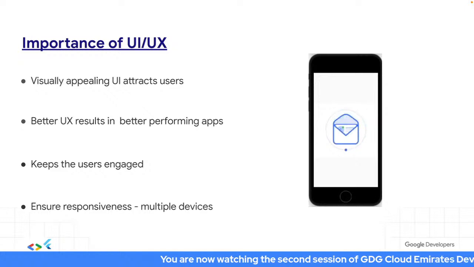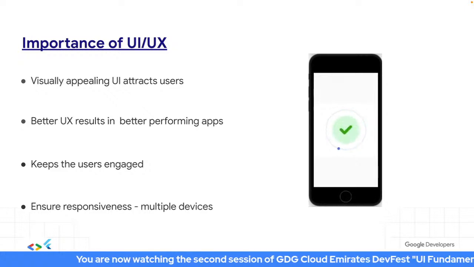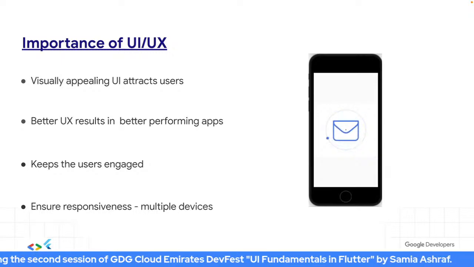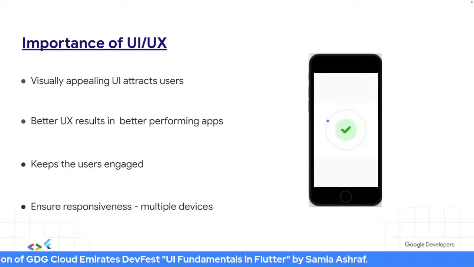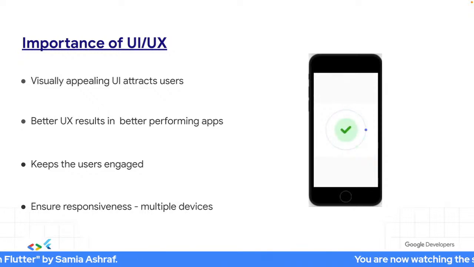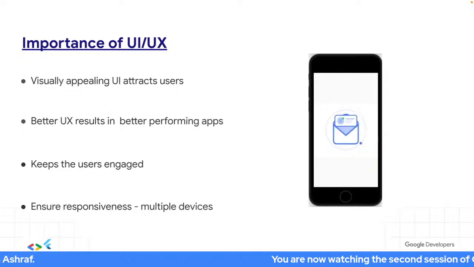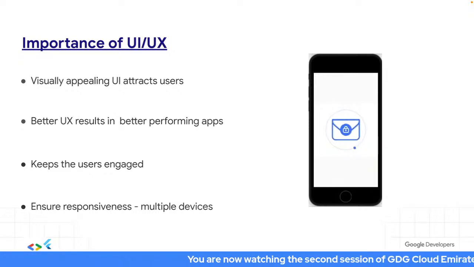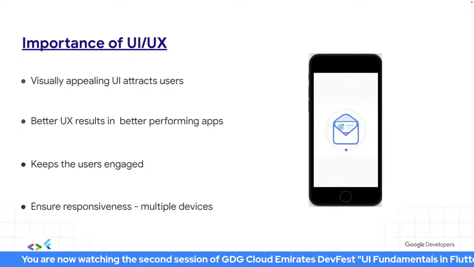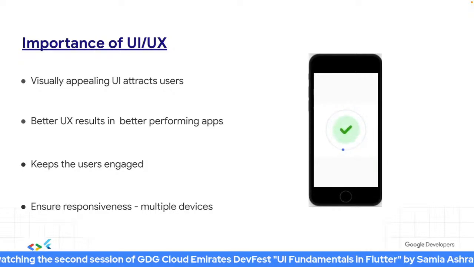And with the help of this GIF, you all guessed it right. The user is sending a message and the response is this GIF. It means that the message has been successfully sent. So this way, animations speak with the user. In an application, when you add animations, it speaks to the user. That is the importance of animations in UI UX.